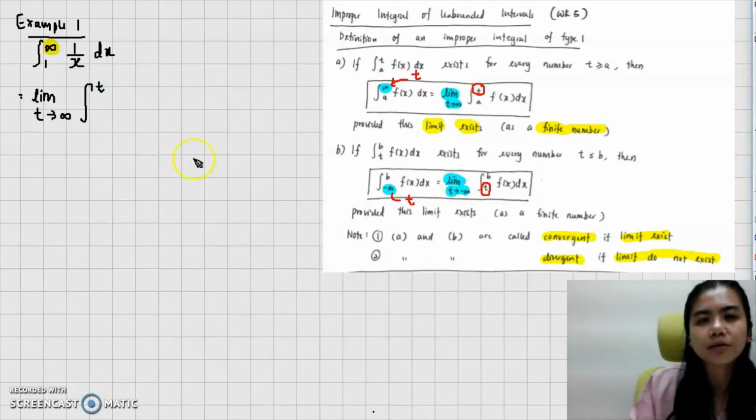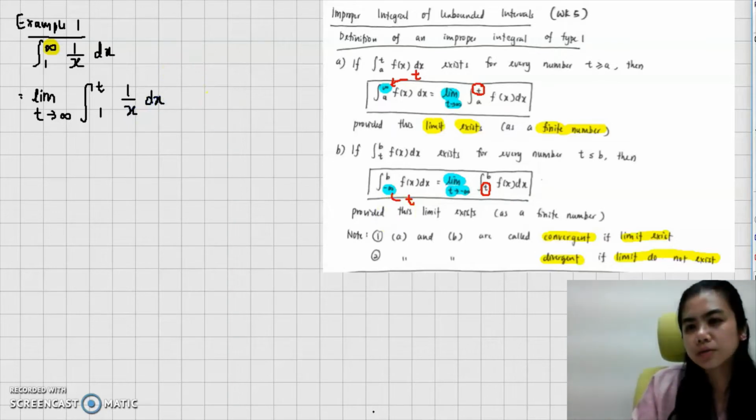The rest we're going to write back. I use a highlighter so you can see that. So I change the infinity to t and I put a limit in front of the integration.